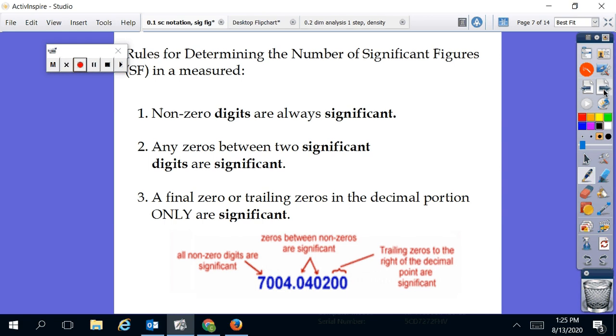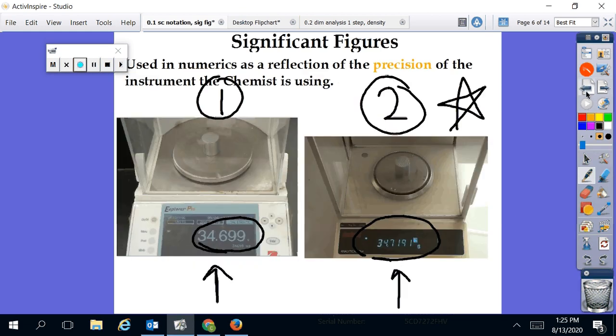For example, if a number is significant, it is always a non-zero. So if we go back to the scale on the other page, 34.699 on scale 1. All of those numbers are significant.